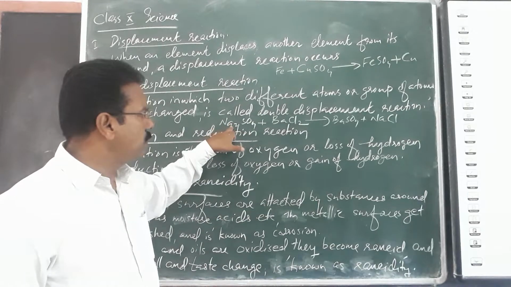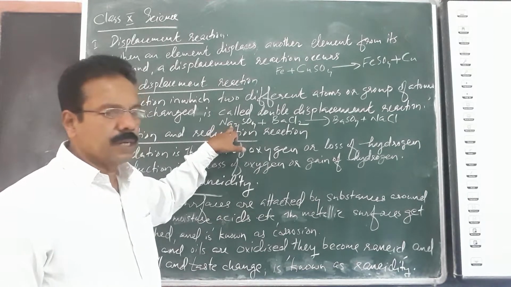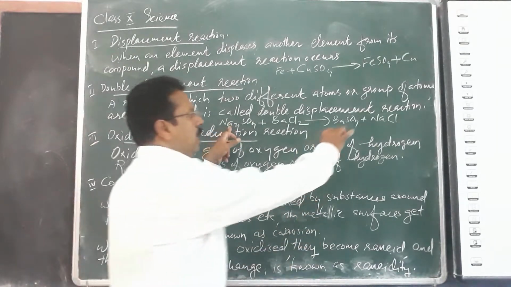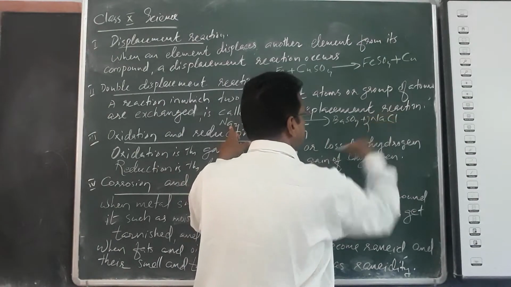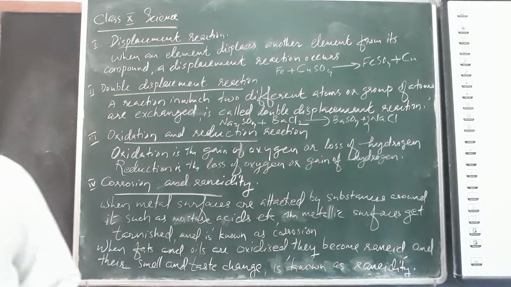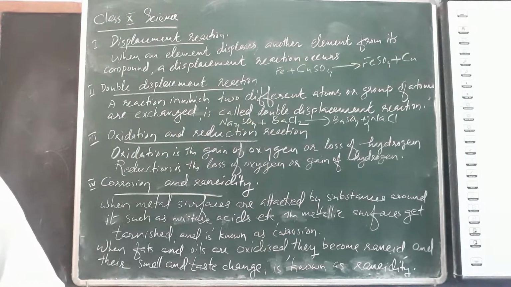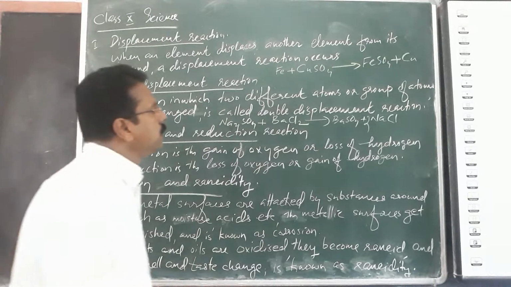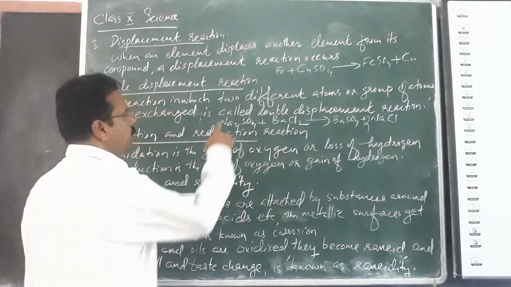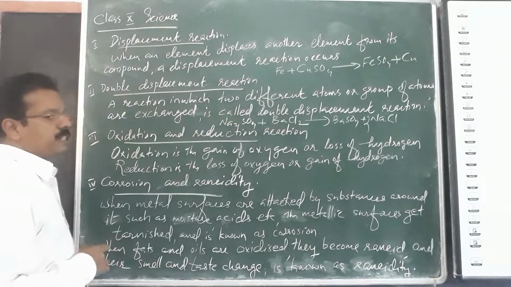To balance the chemical equation, we have to write the number 2 with the NaCl. This is a clear example of double displacement reaction.